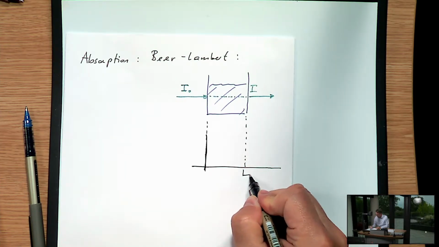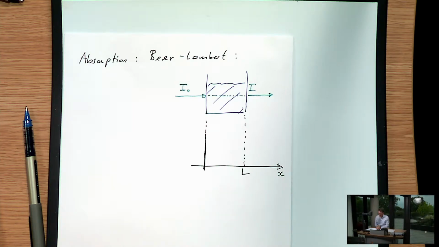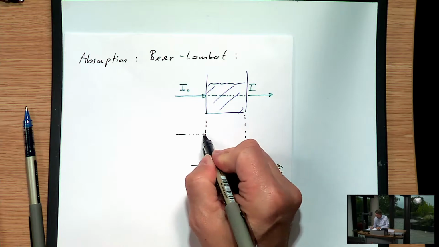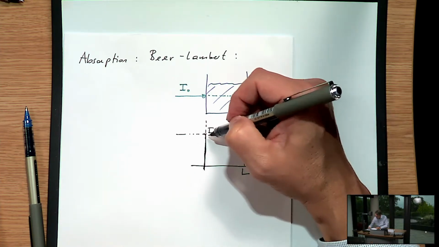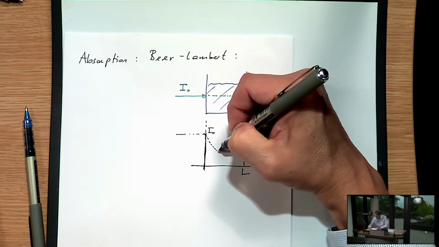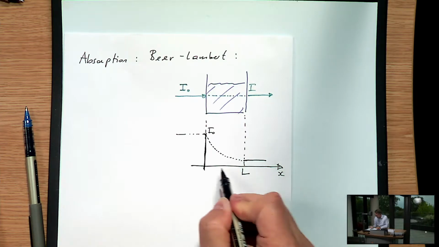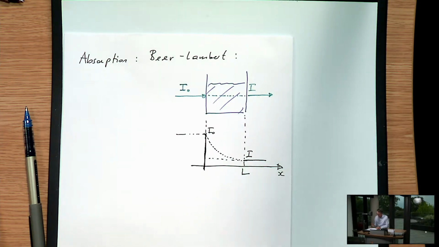And so if the cuvette length is L and that is X, then the initial intensity comes in here at intensity I0, right? And then you have absorption, so the light decreases, and then it comes out at an intensity I, at position L, after absorbing through a length L of analyte.